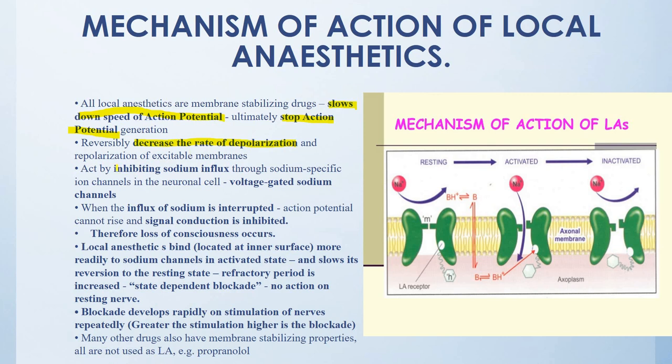Now what is it doing? It is inhibiting the entry of sodium influx. So the entry of sodium influx is stopped at the voltage gated sodium channels. On stopping the entry of sodium, or interrupting the influx of sodium, what is happening?